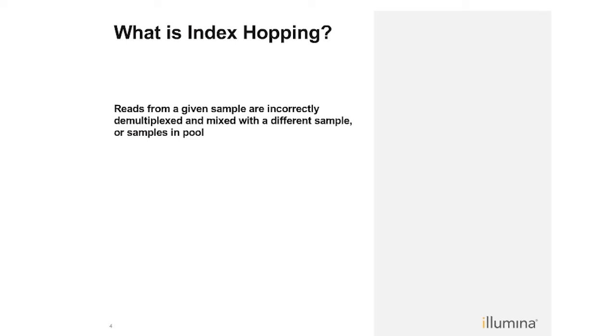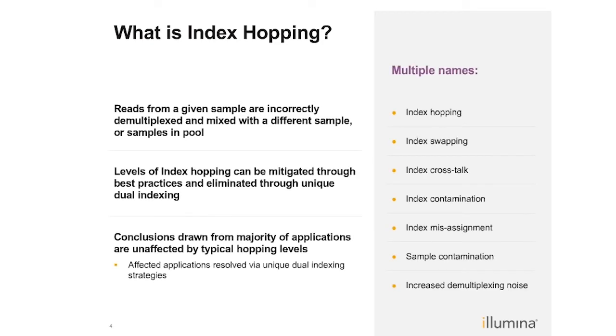So what is index hopping? It's when reads from a given sample are incorrectly demultiplexed and mixed with a different sample or samples in a pool. Index hopping over the last few years has had multiple names: index swapping or jumping, index crosstalk, contamination, misassignment, sample contamination, or increased demultiplexing noise.